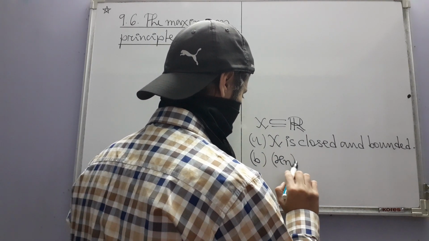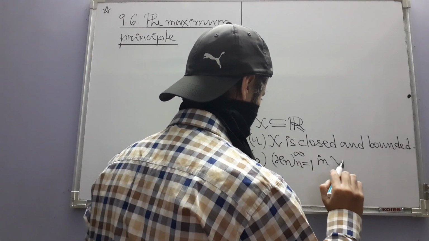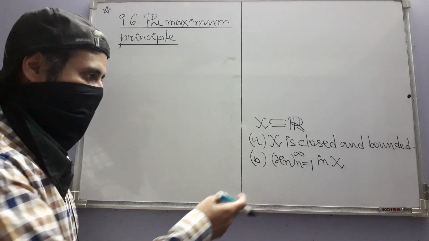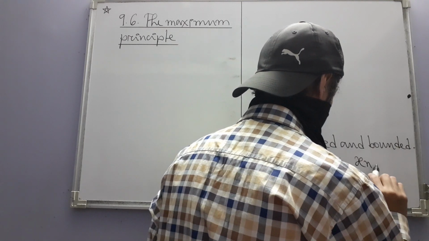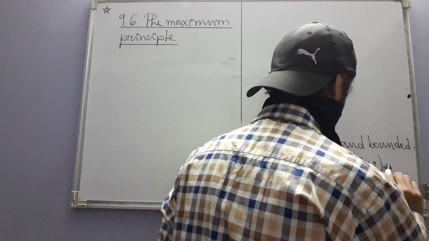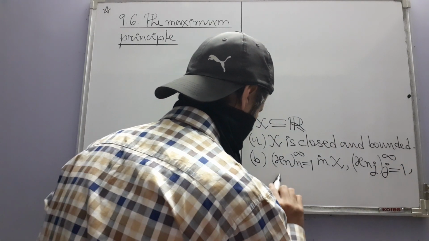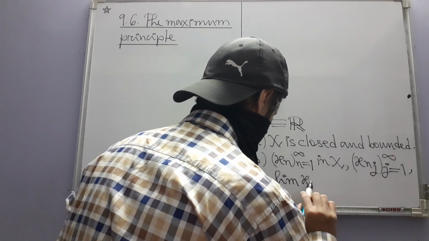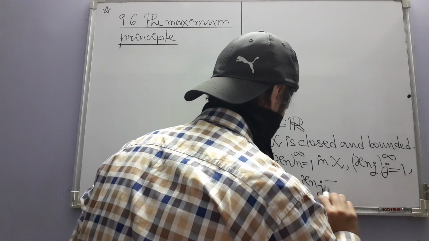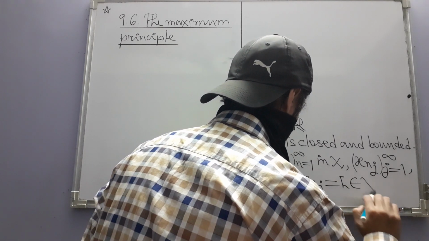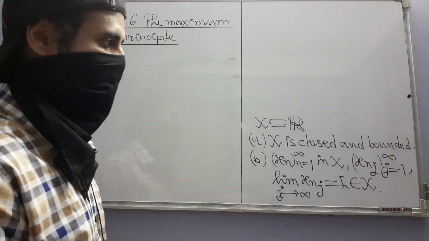And there is another one. If Xn is any sequence in X, that means where the terms are all coming from X, then there exists a subsequence of that sequence which converges to some element again in X. The Heine-Borel theorem states that these two statements are equivalent.